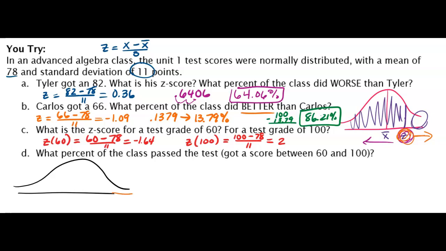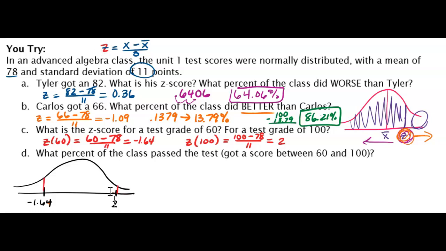Oops, how did that change back to orange? We have our z-scores. I know that somebody who got a 60 would be here at negative 1.64. And then somebody who got a 100 would be way over here with a standard deviation of 2.